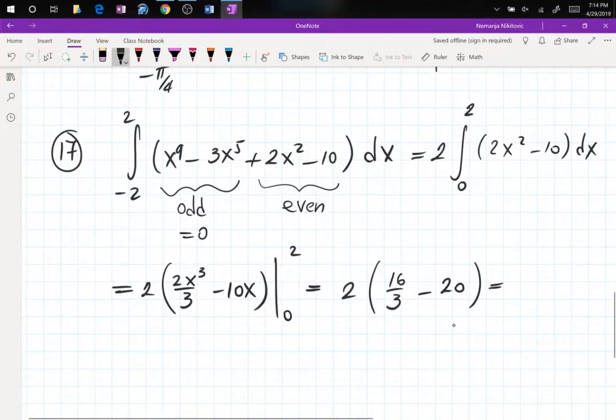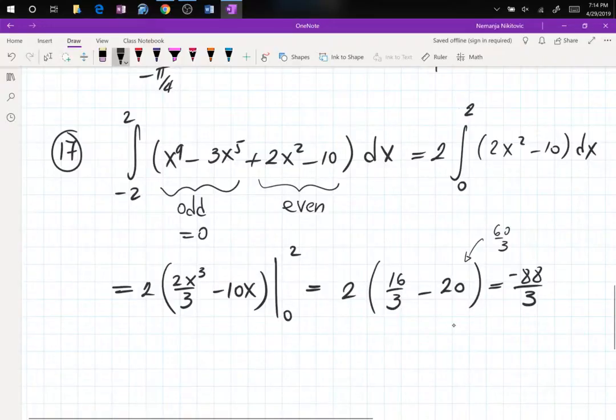We don't have to worry about 0. So when I plug in 20, that's 60 over 3. So that's negative 88 over 3.